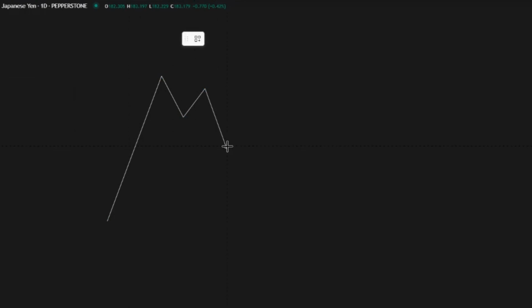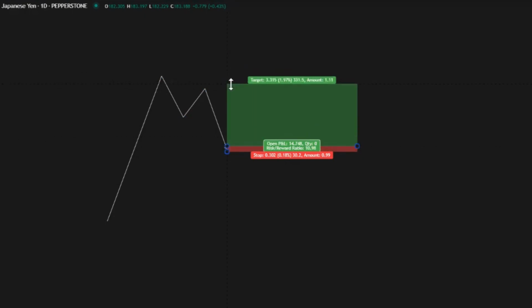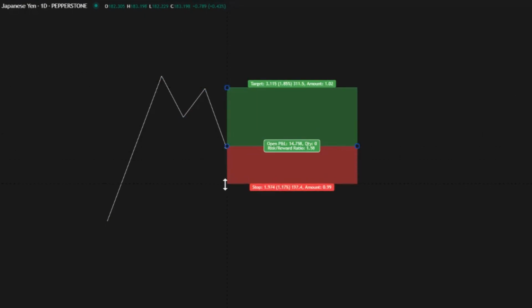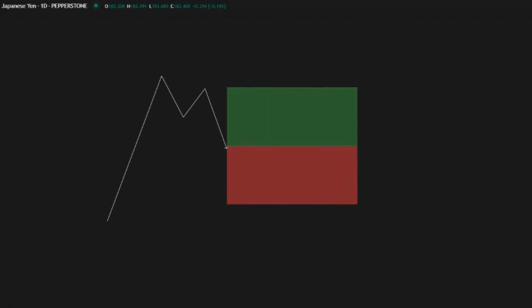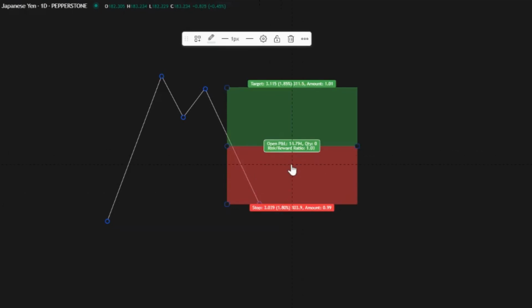So we will buy here, we'll try to target the high, and let's just go for a 1-to-1. Right. So this is where we first get into a trade. Now, let's say in this instance we risk 1%. Well, the market comes down and hits our stop loss. So that's our first losing trade of 1%.